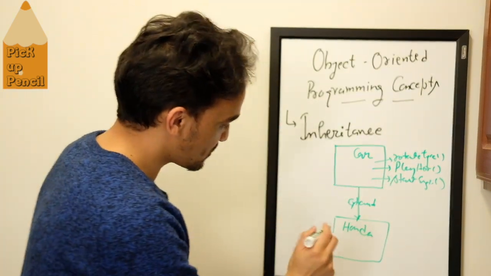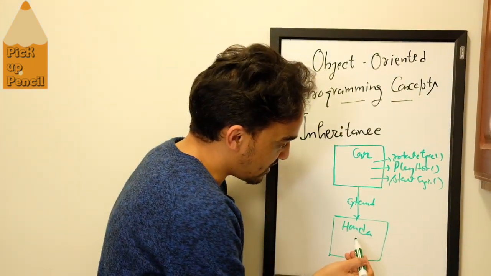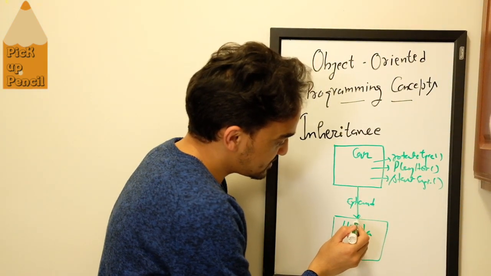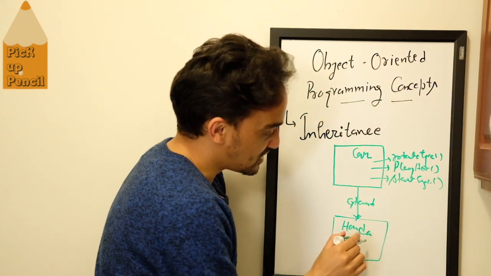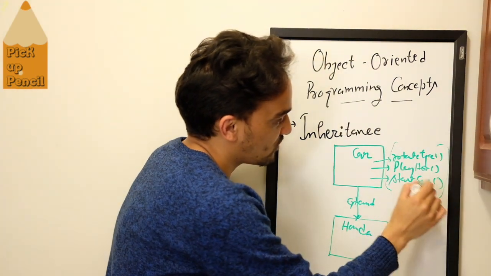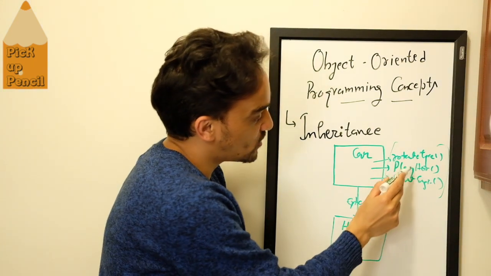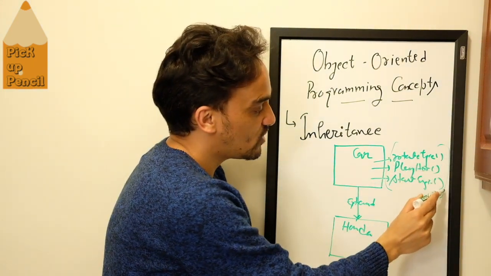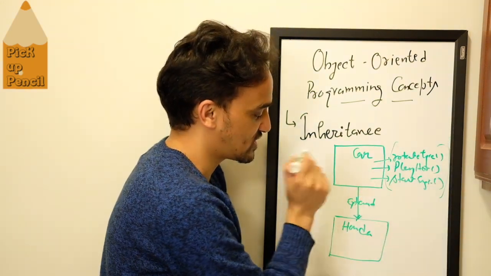So now if I talk about what all Honda car has: after inheritance from the car class, the Honda class has access to all these methods. The Honda class already acquired all these behaviors, all these functions, all these data values from the car class.